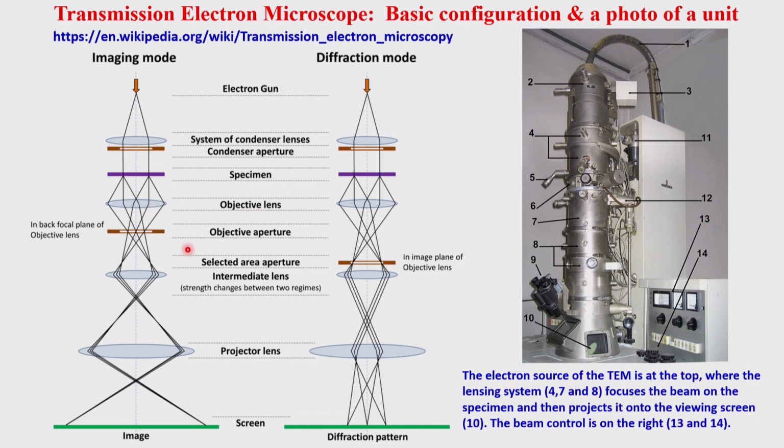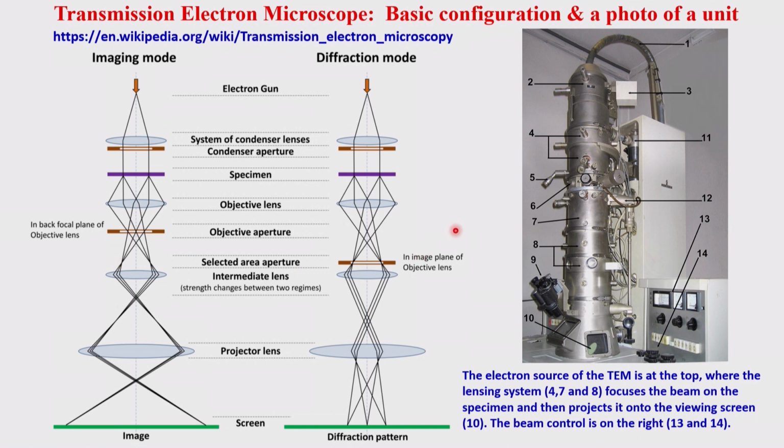Then again you put the aperture, because you can use this aperture to stop the non-diffracted beam or to allow it. For diffraction you can adjust the aperture, and the selected area apertures are here, which are more important in diffraction mode, in the image plane of the objective lens. Then you have the intermediate lens. The strength changes between the two regimes.